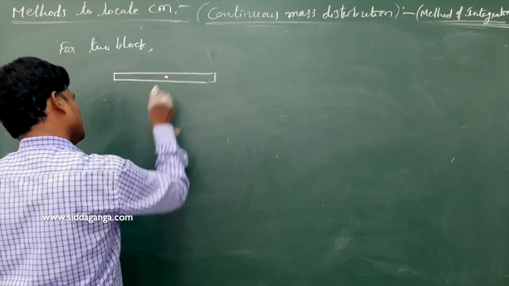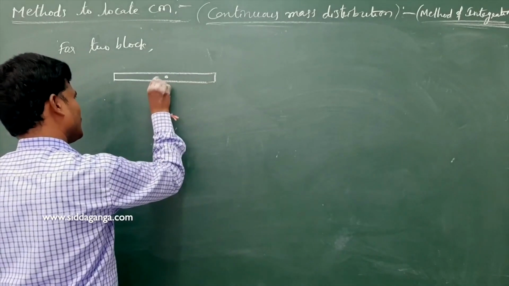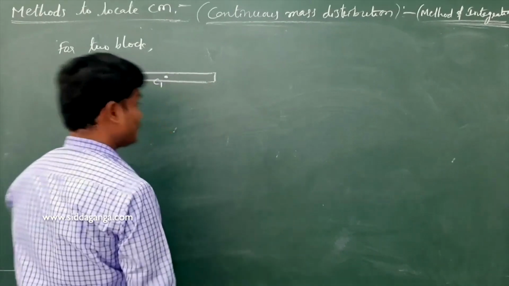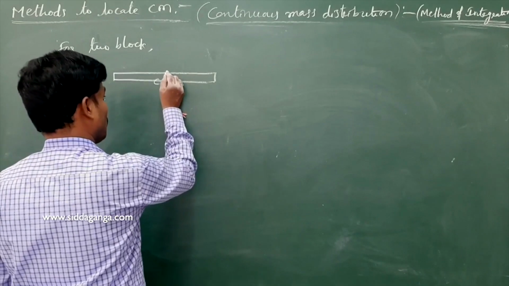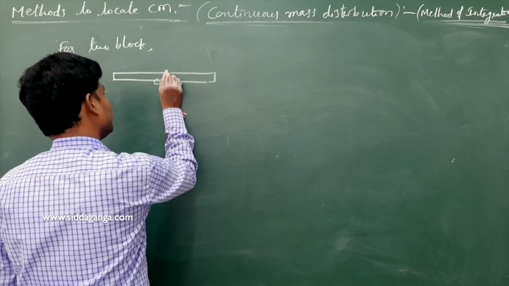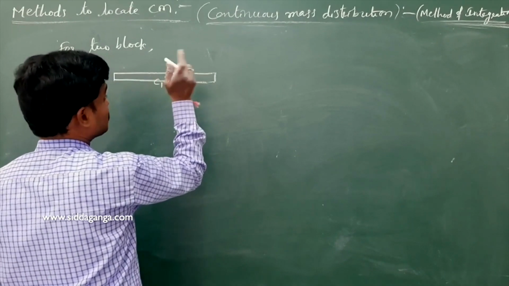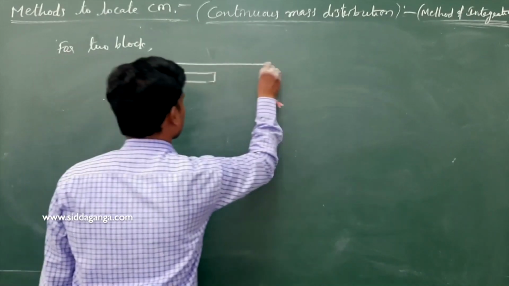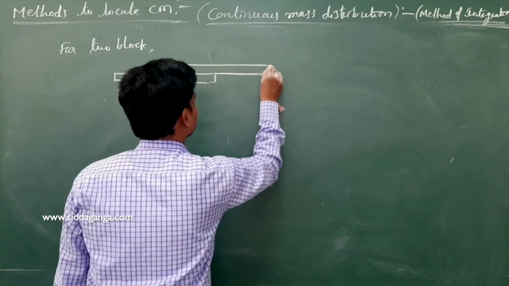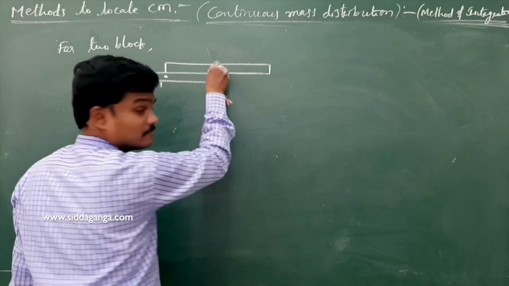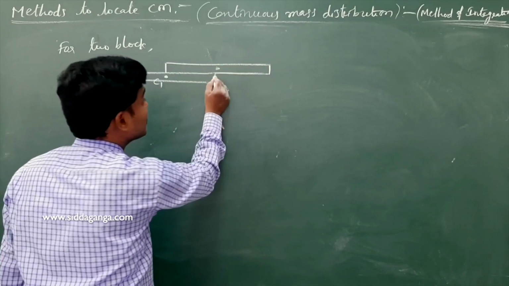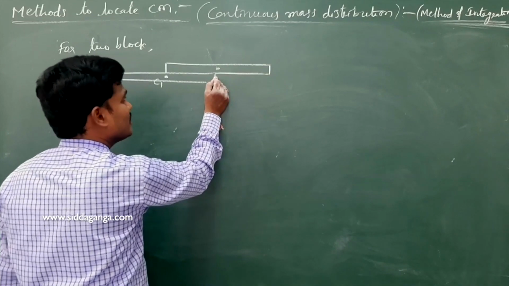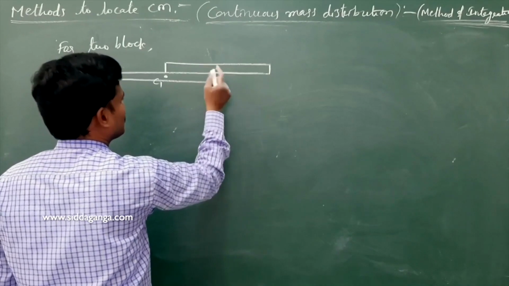If I want to place one block over the other block, one block has its center of mass at C1 here. If I place another block with its edge at the center of this one, otherwise the center of mass of this block must be at the edge of the first block. Count from top or bottom, that's not an issue.